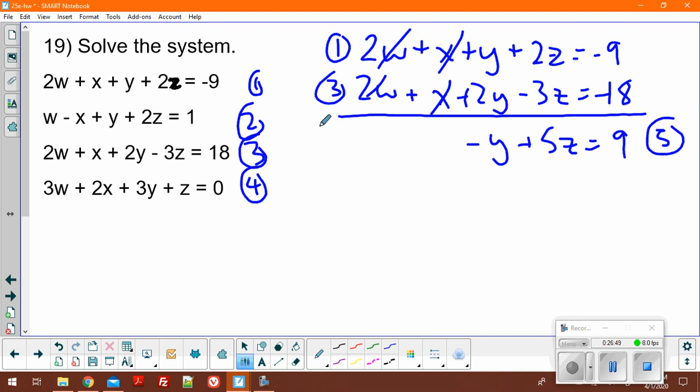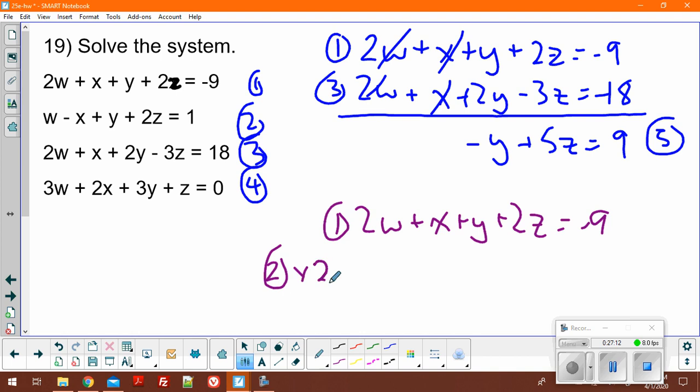Let's find a different pair. So I could use 1 and 2 if I multiply equation 2 by 2. Again, equation 1 was 2w plus x plus y plus 2z equals -9. I'm going to take equation 2 and double it.